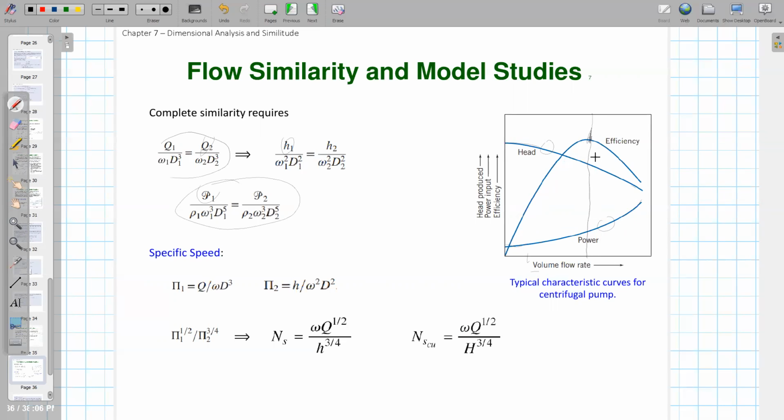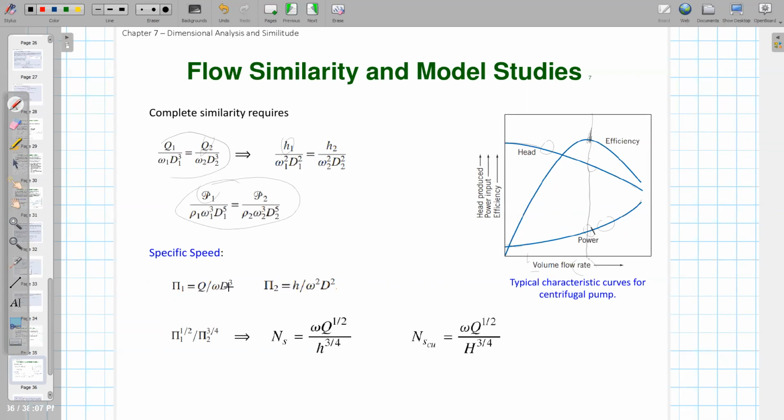Because this one gives you, relatively speaking, a better pressure increase with a lot of flow and with a relatively good cost. This is just some introduction. Sometimes they also introduce a new parameter.